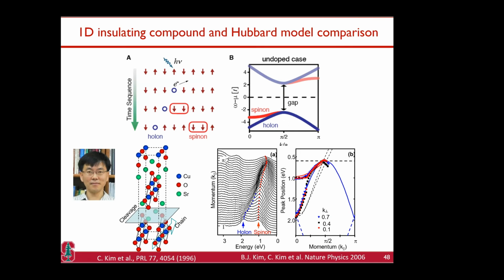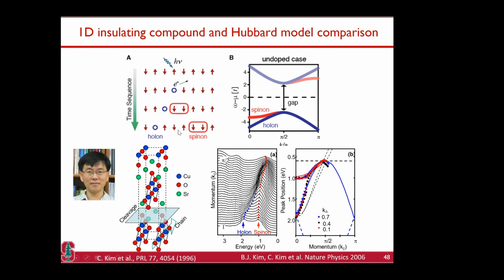Indeed, you can see that the otherwise single band is now split into two edges or branches, with a continuum between them. Quantitatively, you can fit the data with the t coming from the band structure calculation, with the J coming from neutron scattering. So there was a lot of work for about a decade trying to get to this point.